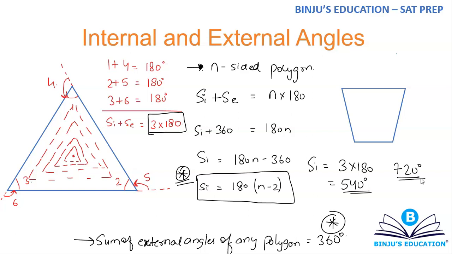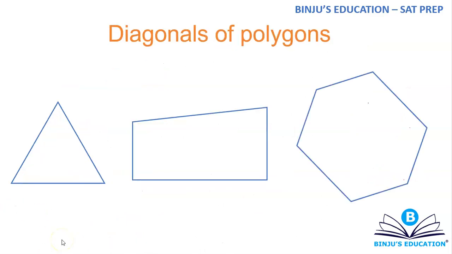Okay, one more thing that we need to do for this video, that is how do we calculate diagonals of a polygon. So first we're going to take an example and understand how we draw the diagonals.